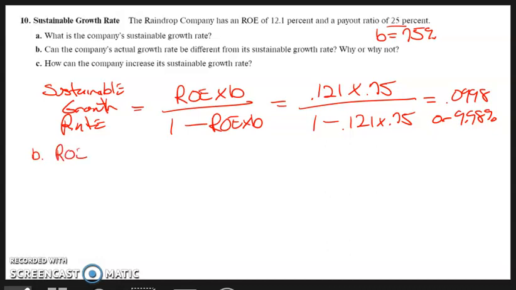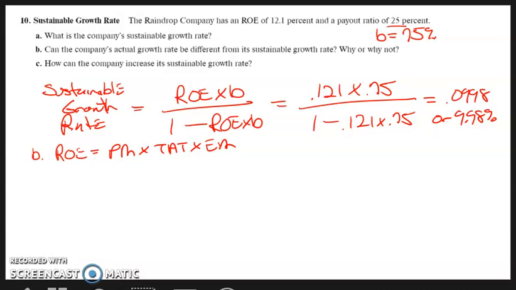ROE is equal to profit margin times total asset turnover times the equity multiplier. So any changes in any of these would affect the growth rate. So the actual could differ from the sustainable as a result of that.